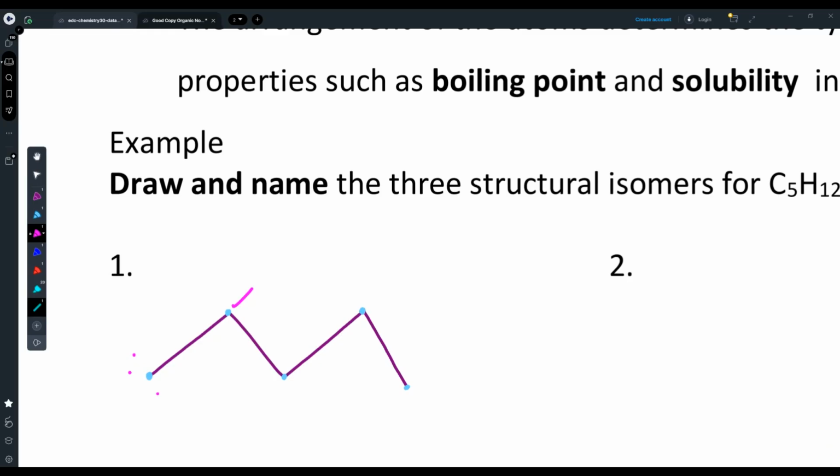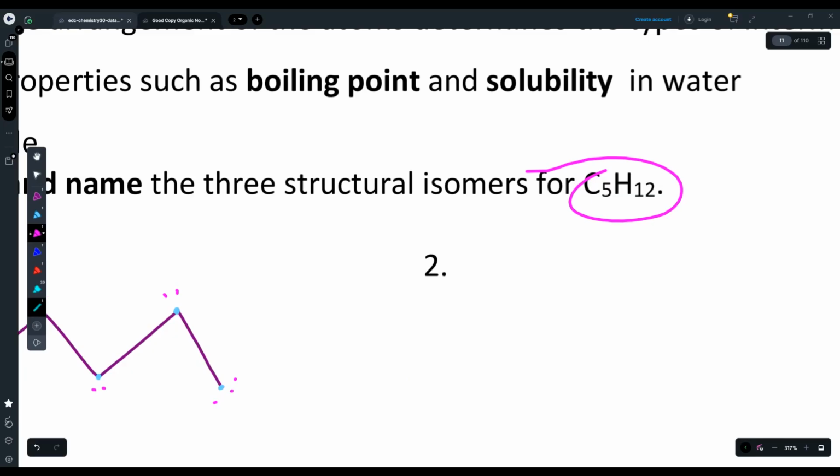Okay, for this carbon, it already has 2 bonds, so it has 2 implied hydrogens. Same with this one, and then this last one has 3. So if we count all of that up, 3, 5, 7, 9, 12. So this is 5 carbons, 12 hydrogens, which is what we were aiming for here.